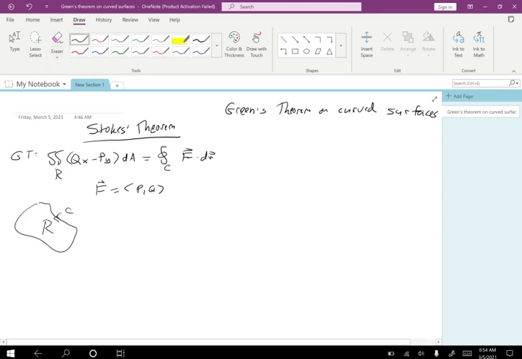So in an earlier video, I actually called this quantity here the two-dimensional curl of F. And so really this thing is actually the z component of the 3D curl.